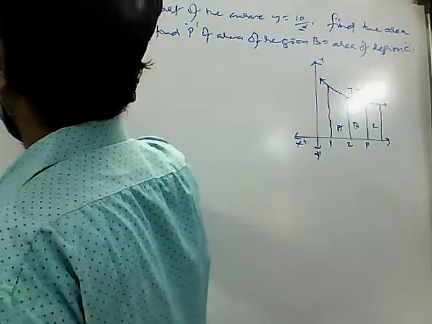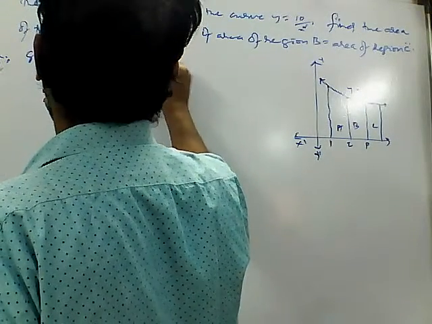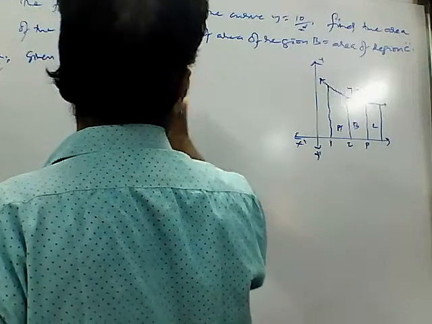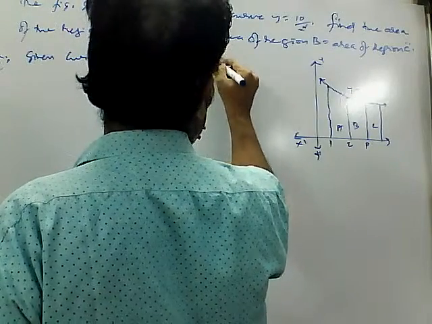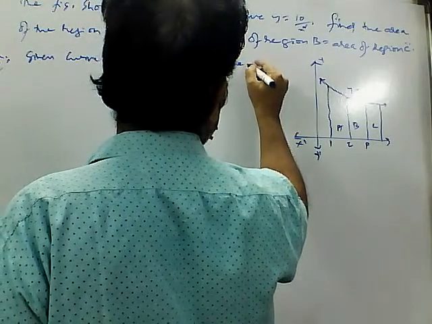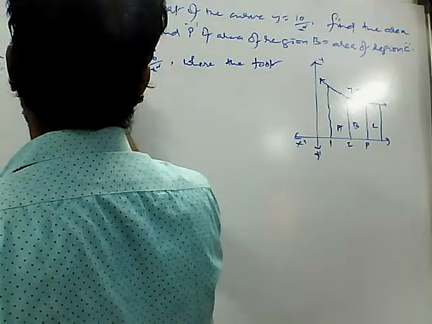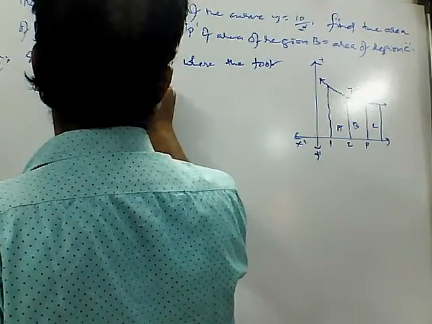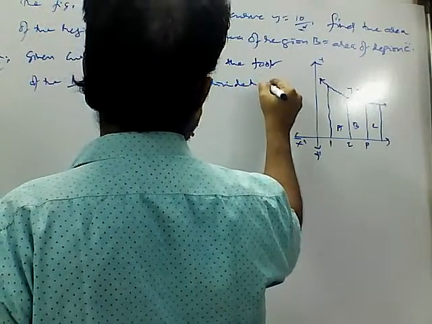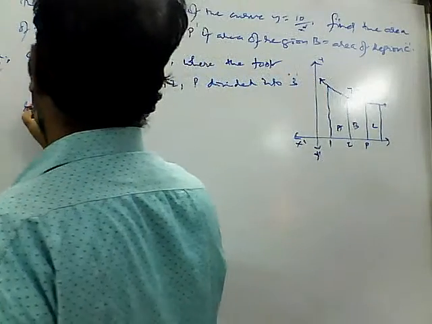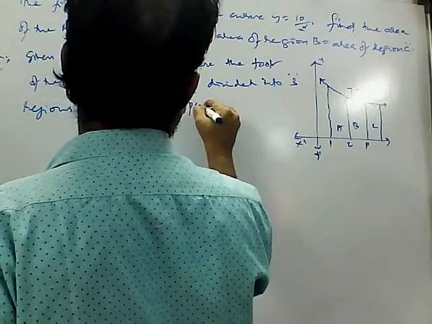The given curve is y is equal to 10 by x square, where the feet of the perpendiculars are 1, 2, p, 5, dividing the area into 3 regions A, B, C respectively.